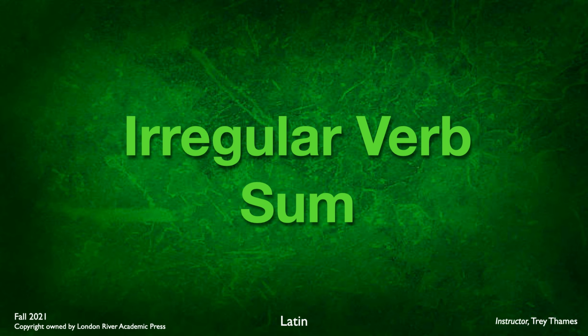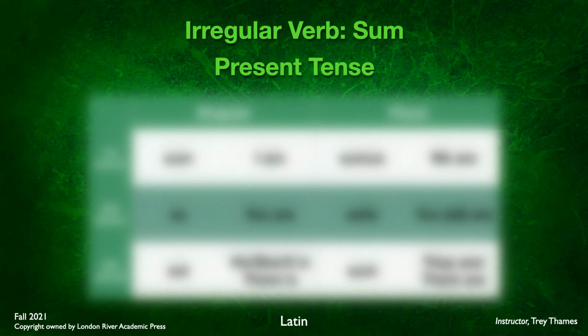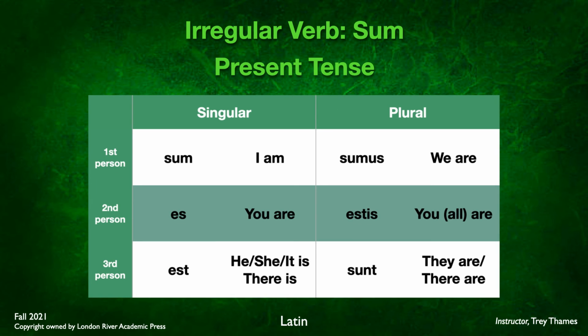It's the irregular verb sum, which means to be. So we have sum, es, est, sumus, estis, sunt. Now, what's really not too hard is if you drop the su or the es from the beginning of these, you can actually see the endings.